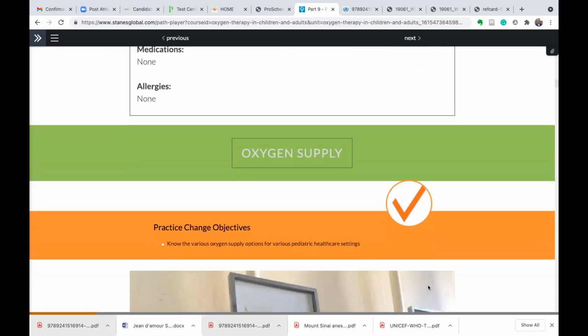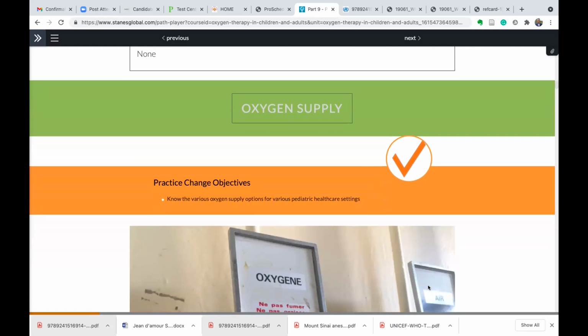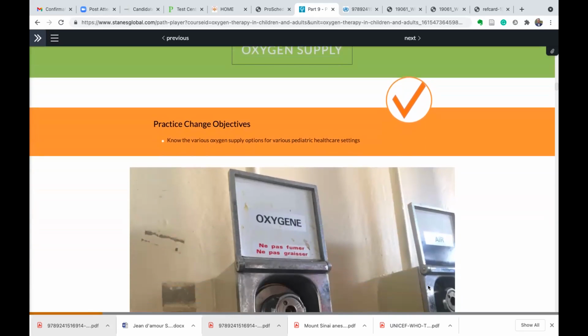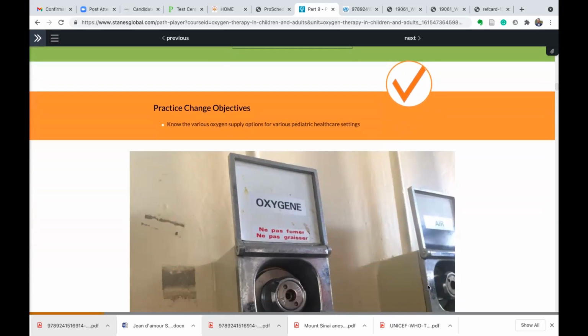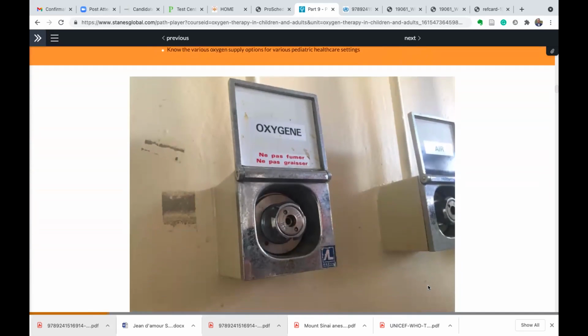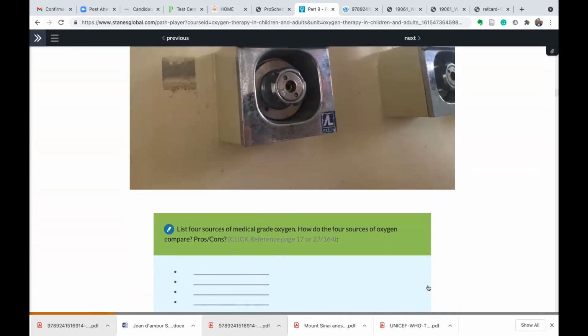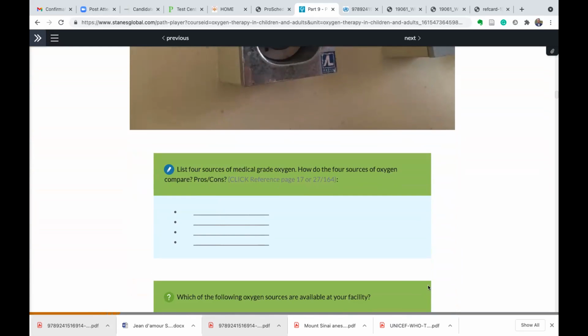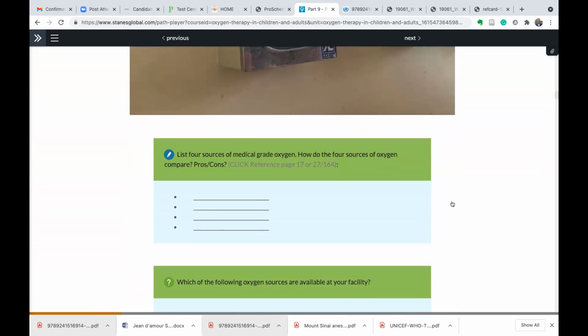So let us start with the first objective, which is oxygen supply. What oxygen supply options do we have in our settings, especially for pediatric patients? Let's start with the first question. Please list 4 sources of medical grade oxygen.